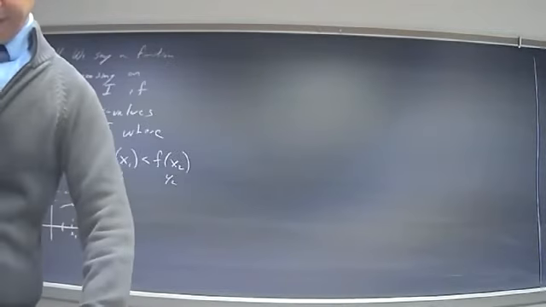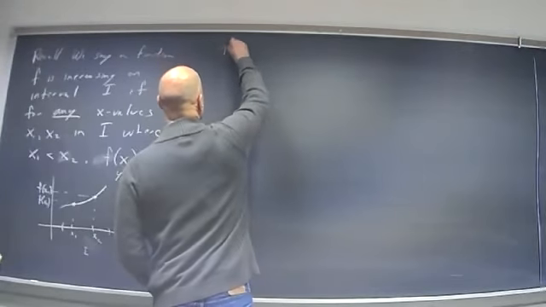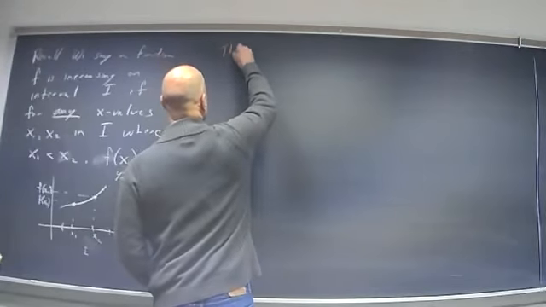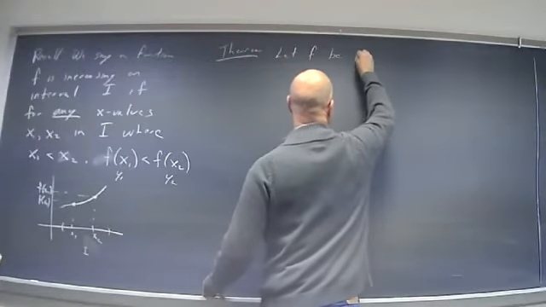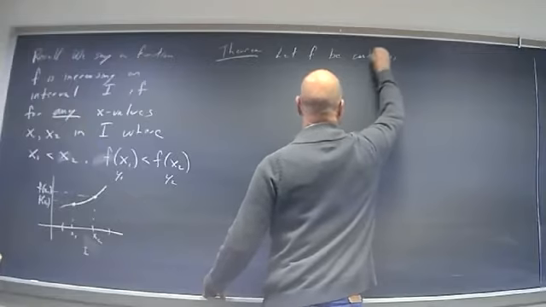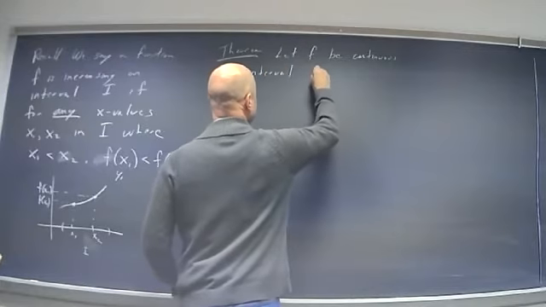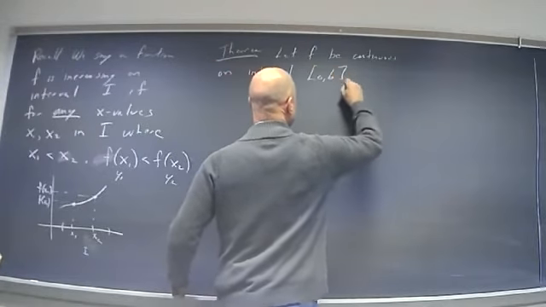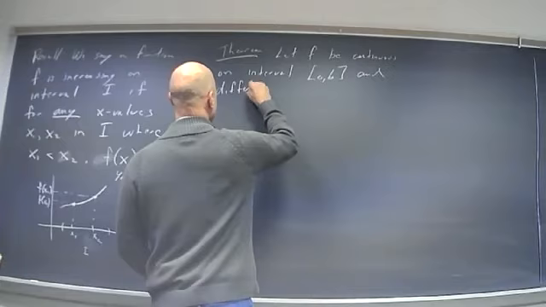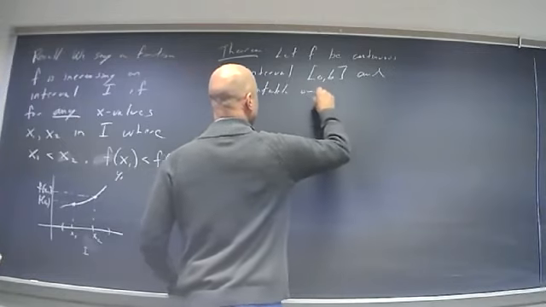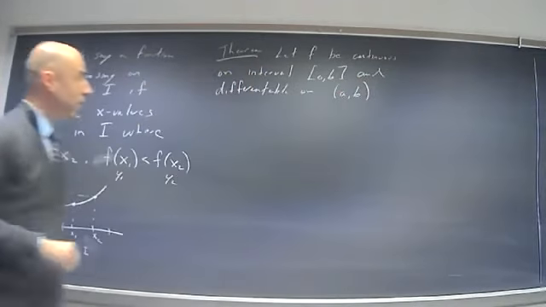Let's see, what do I want to say first? So this one doesn't have a name. Let's let f be continuous on the interval AB and differentiable on the open interval AB.